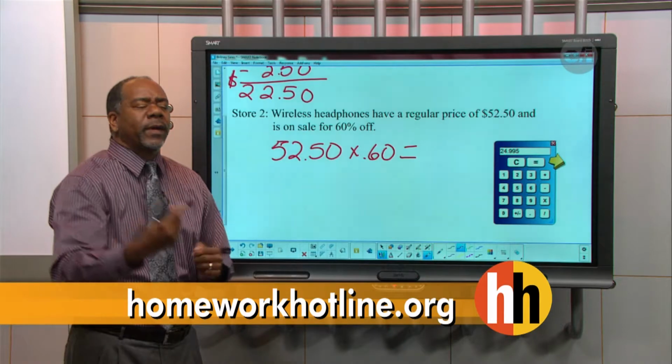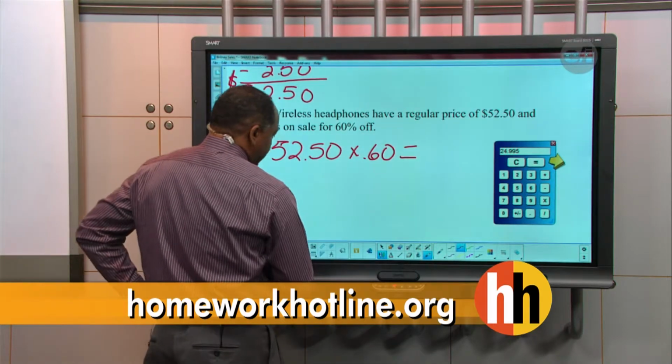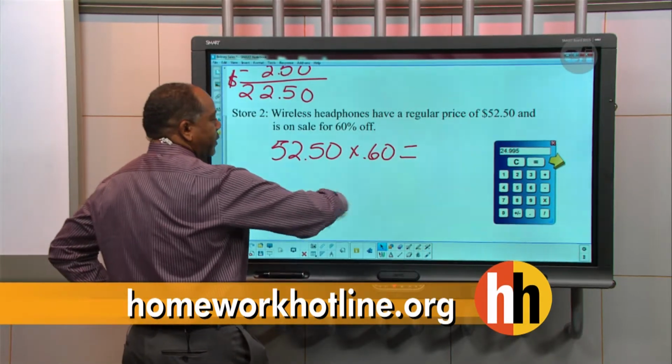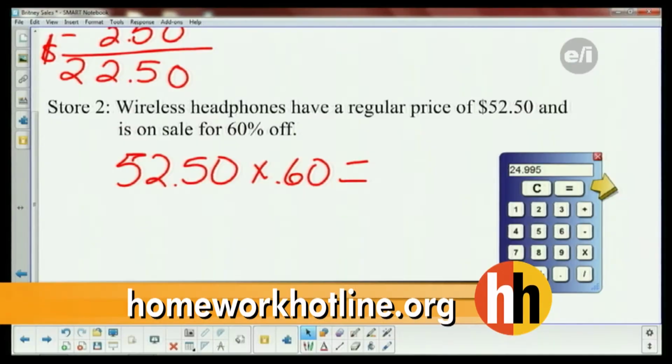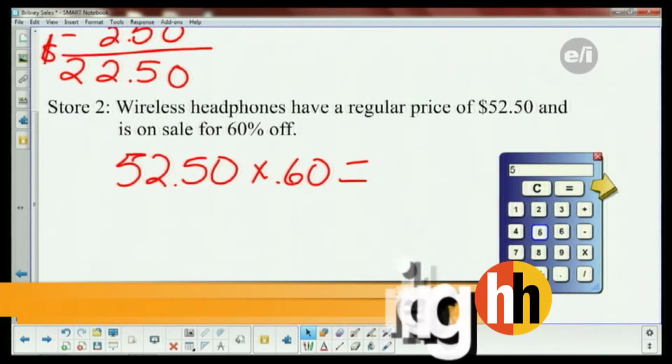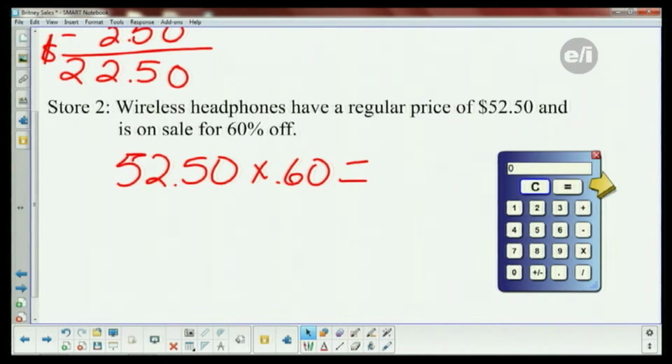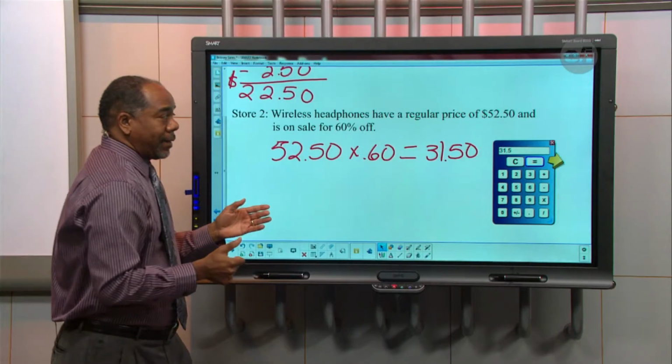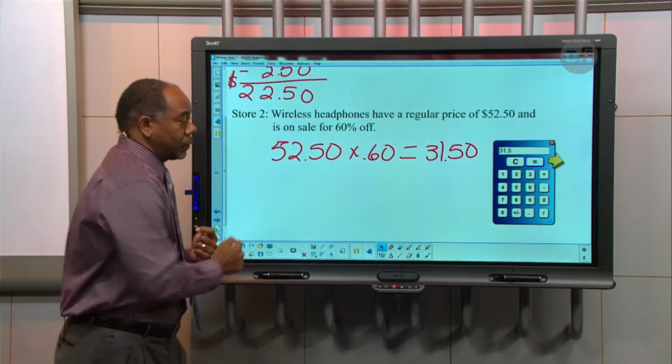Well, let's just do it both ways and see what happens. If I multiply to find 60% of 52.50, I'm going to get $31.50.